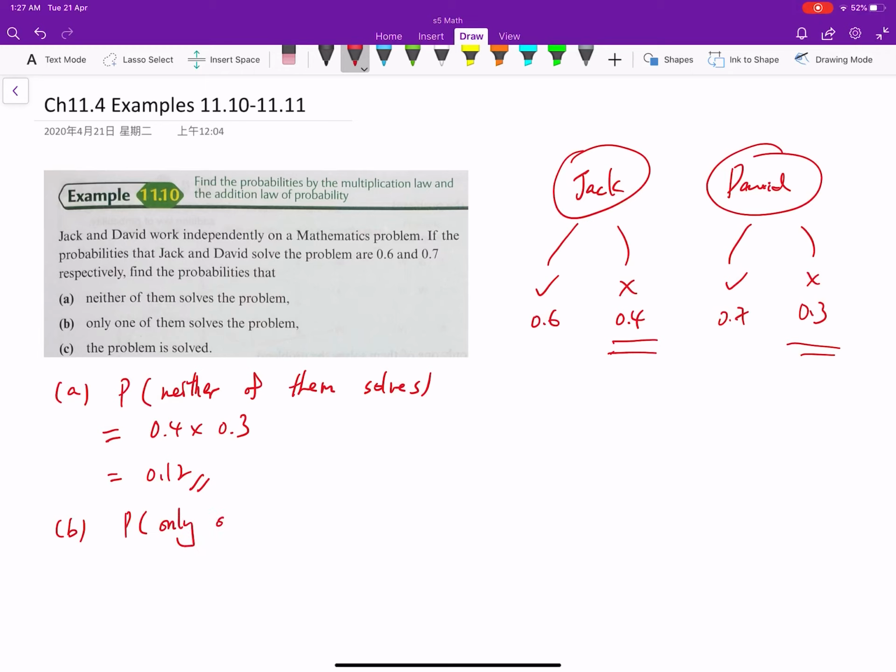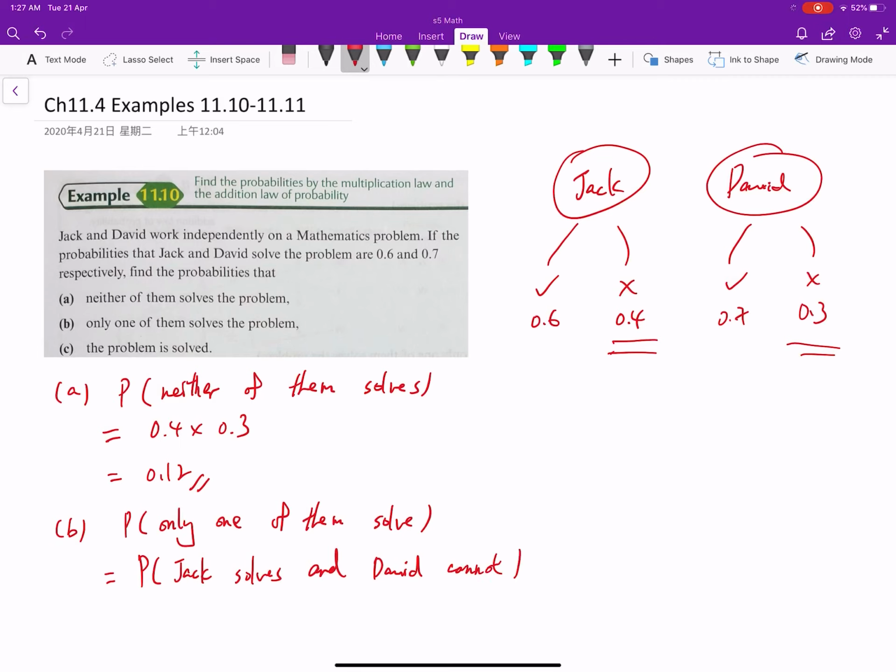only one of them solves. So if only one of them solves, you can consider if Jack solves, then David cannot solve the problem.